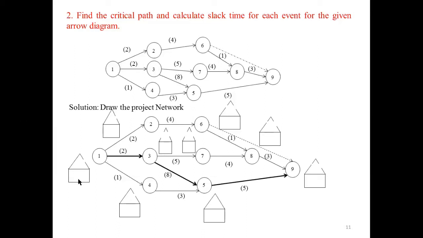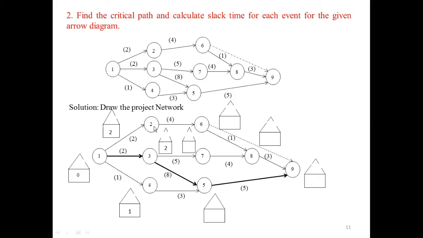Because you start from node 1, the initial value will be taken as 0. For node 2, 0 plus 2 will get 2. For 3, 0 plus 2, you will get 2. Similarly, for node 4, 0 plus 1 will get 1.